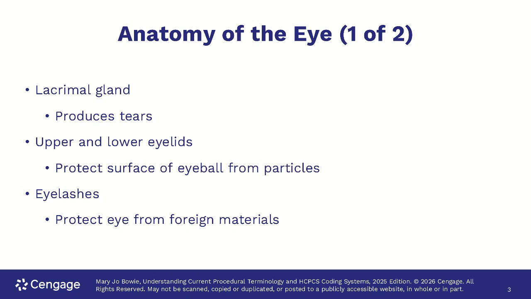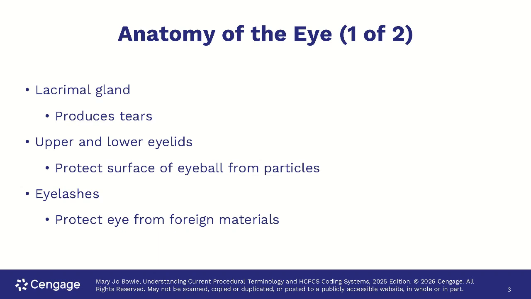Tears, we all cry from time to time. I love me a good cry. Tears are produced by the lacrimal gland and drain from the eye through the lacrimal duct. It makes sense. The lacrimal duct is located in the inner edge of the eye.